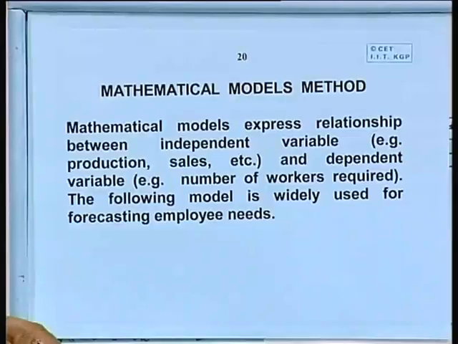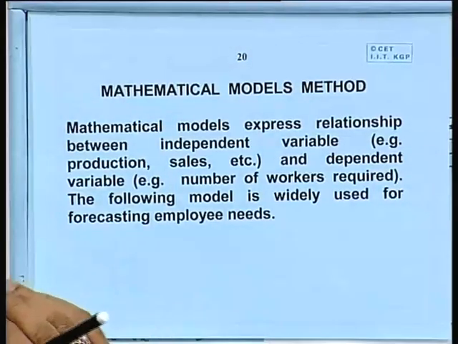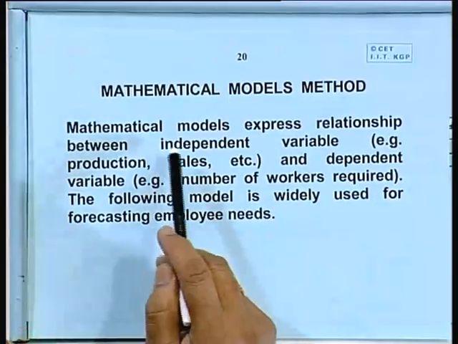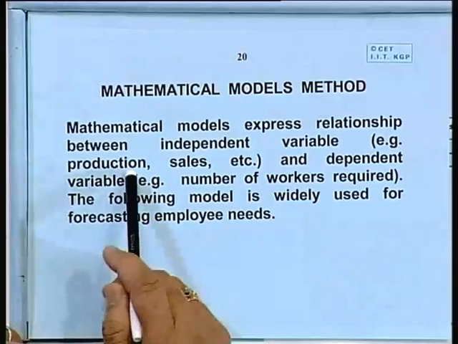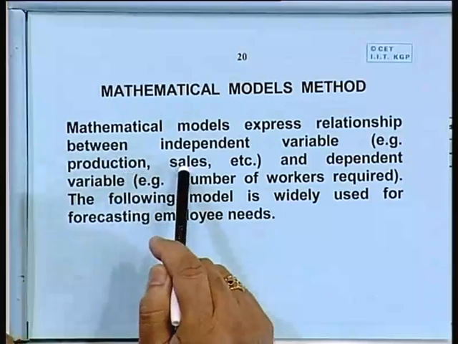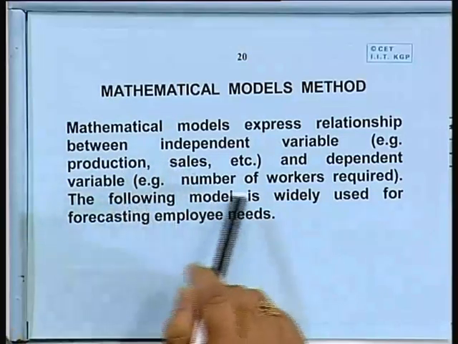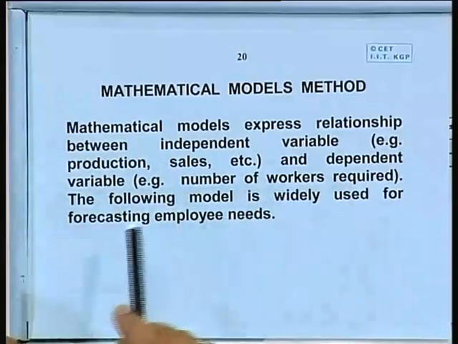Then last is we have the mathematical models method. Mathematical models express the relationship between independent variable and dependent variable. So, independent variable is production, for instance, sales, all right, and dependent variable is the number of workers required, for example.